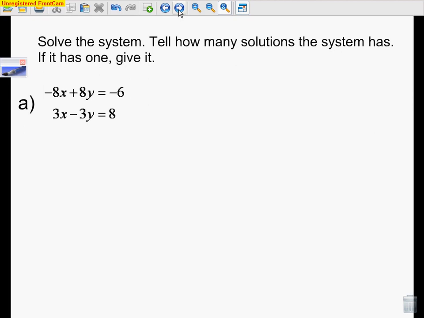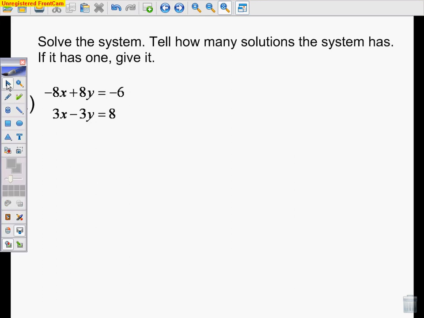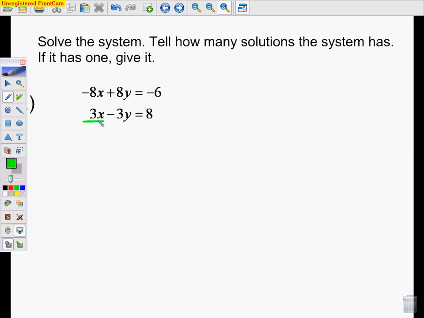Example A, you have negative 8x plus 8y equals negative 6, and 3x minus 3y equals 8. Are the variables lined up under each other? Yes. If you add down, does anything automatically eliminate? No. So you need to make something eliminate. Notice that you have a 3x and a negative 8x. What is the least common multiple of 3 and 8? 24, right?